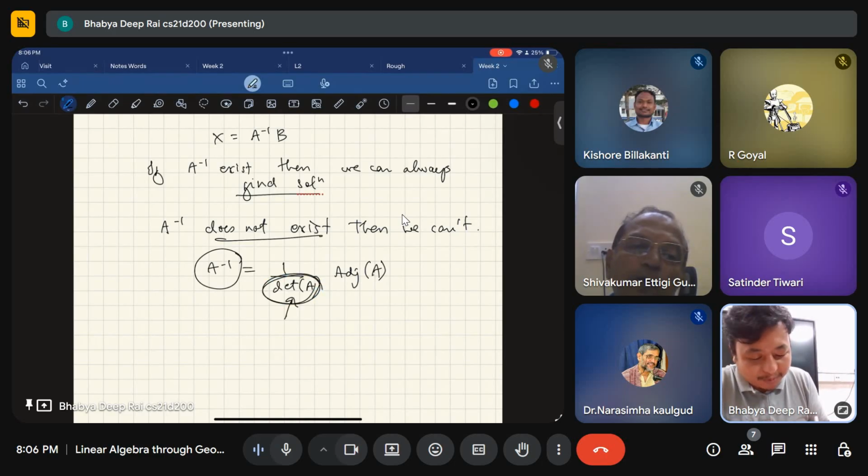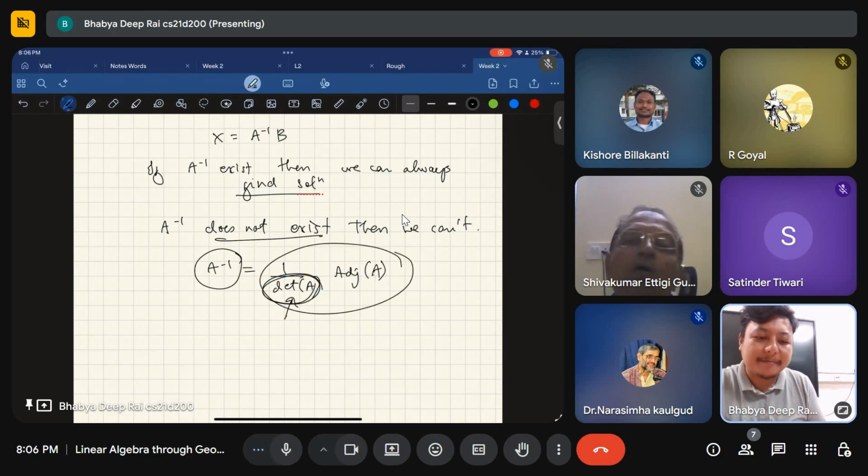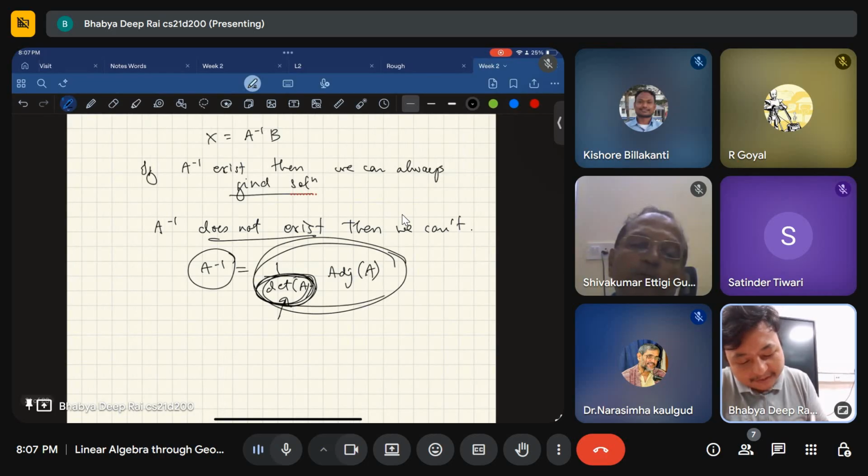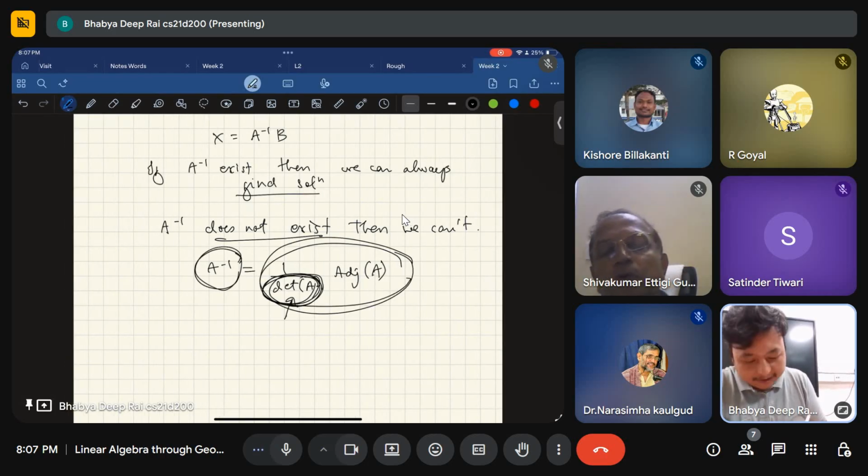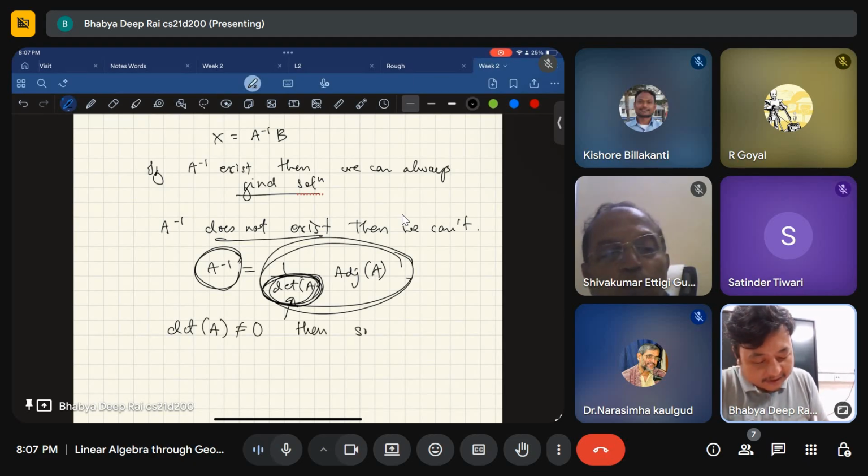Otherwise, any number you put, you'll always get a matrix finally. Any value of determinant which is not 0 will always give you a valid matrix A inverse. So it means that if determinant of A is not equal to 0, then a solution exists.